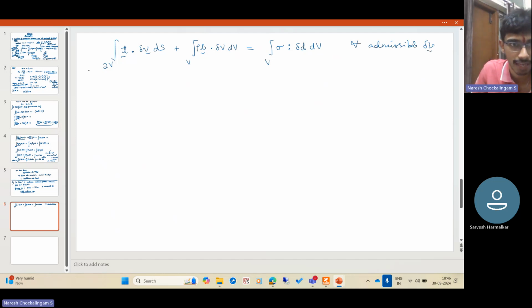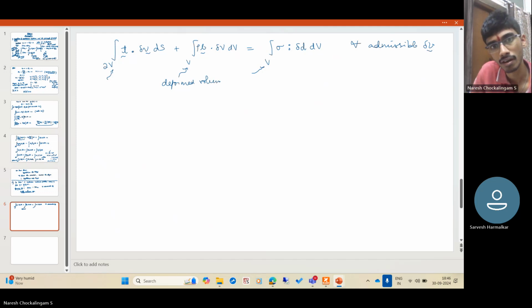But the equation itself is over the deformed volume, which is itself a function of the deformation. If we know the deformation only, we can know the deformed volume. Therefore, we don't even know what the limits of this integration are. They are over the deformed volume, so we don't know that.